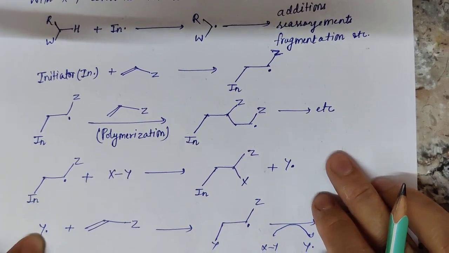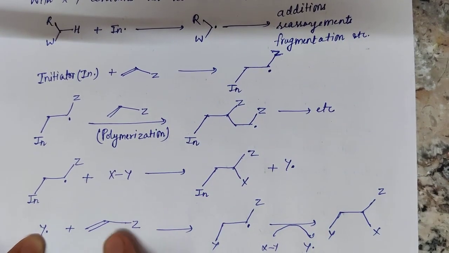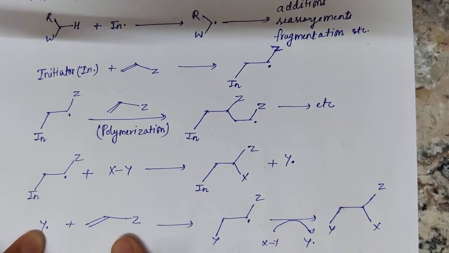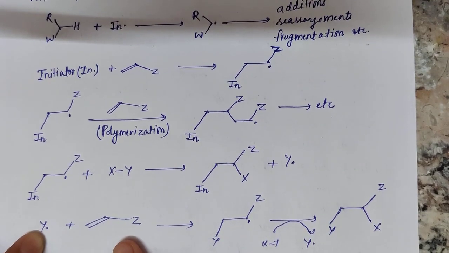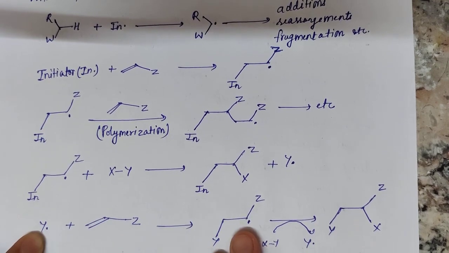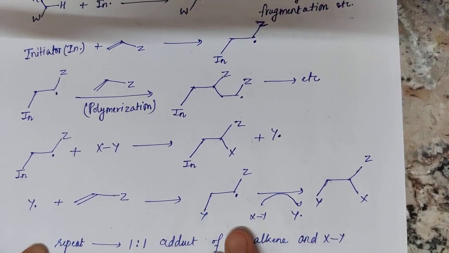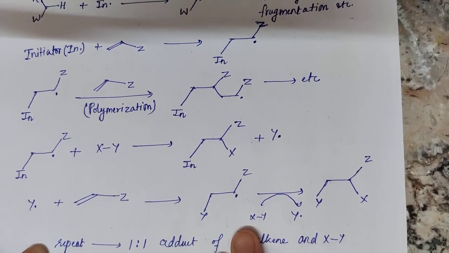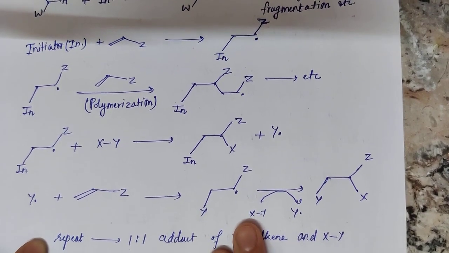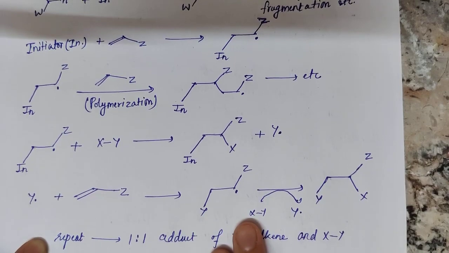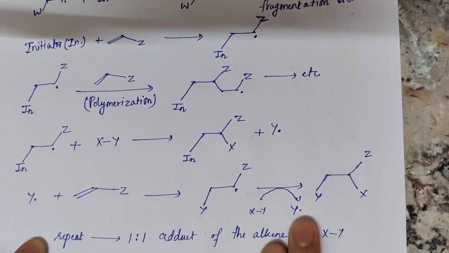That radical species could undergo addition reaction with our alkene, and again it could take up the X part of your XY compound and a Y radical is formed.